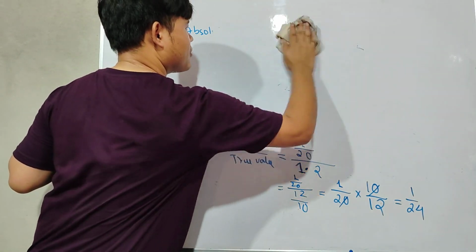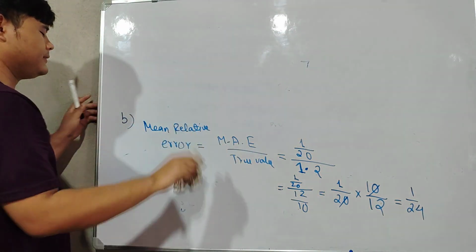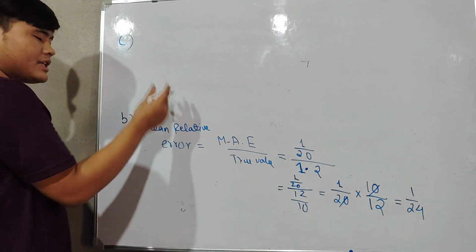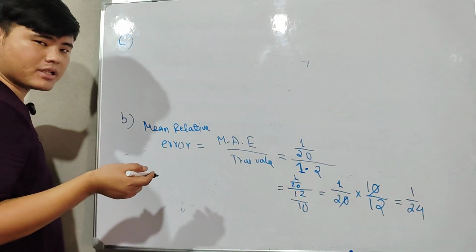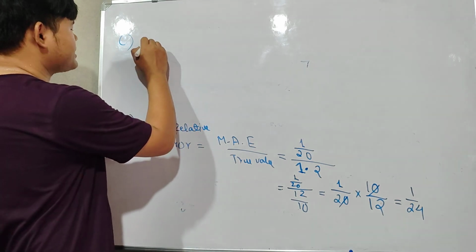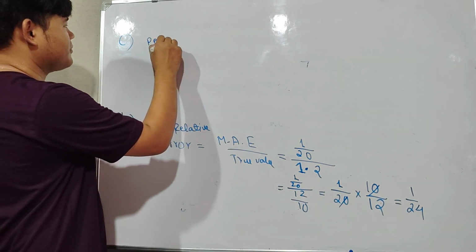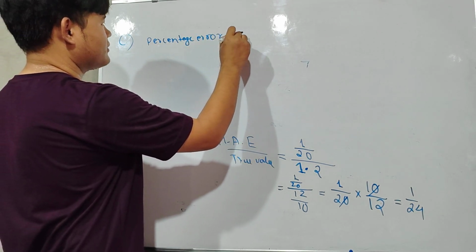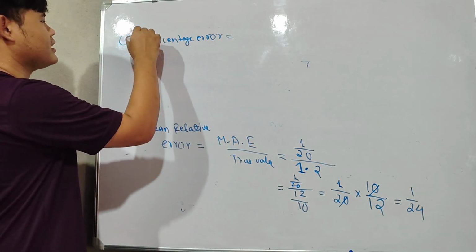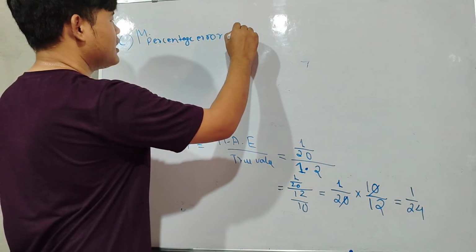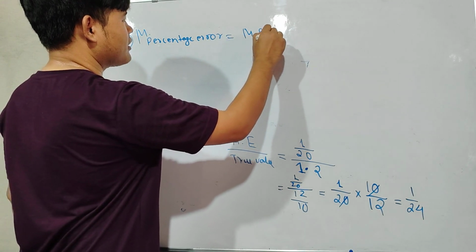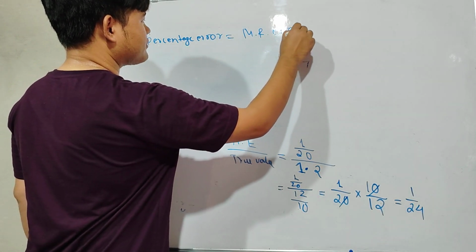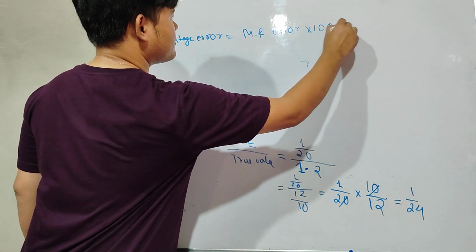Now what if they ask us to find the mean percentage error? The percentage error formula: percentage error is just relative error expressed in percent. So the mean percentage error is the mean relative error into 100%.